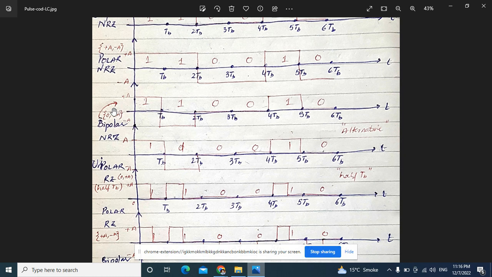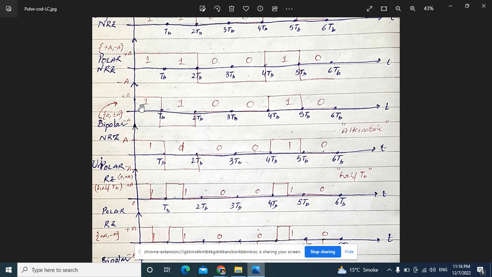If it is positive A, then the next one will be negative A. As we explained bipolar in our previous session, it needs one bit of memory, because it needs to memorize what the previous assignment was. If it was positive, then the next assignment will be negative. So let's see how we can apply this bipolar coding to the given data.